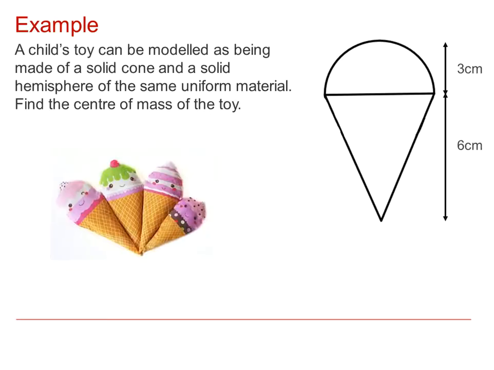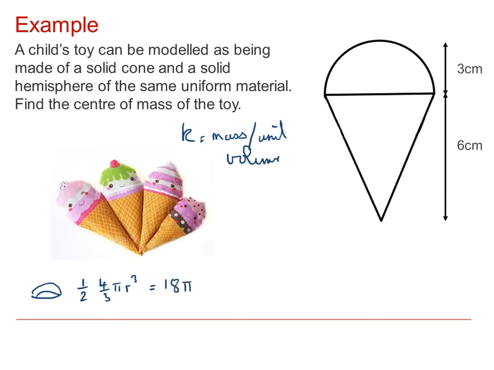Here we're looking at a toy which is made up of a hemisphere and a cone, as we've just been discussing. To work in three dimensions, we need to take k to be equal to the mass per unit volume, and then therefore we need to work out the volumes of each of these objects. Now for a hemisphere, the volume is 1/2 the volume of a sphere, which is 4/3 pi r cubed, and substituting the value r equal to 3, then this turns out to be 18 pi.